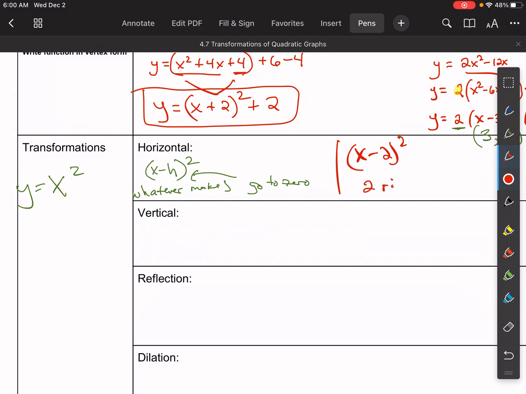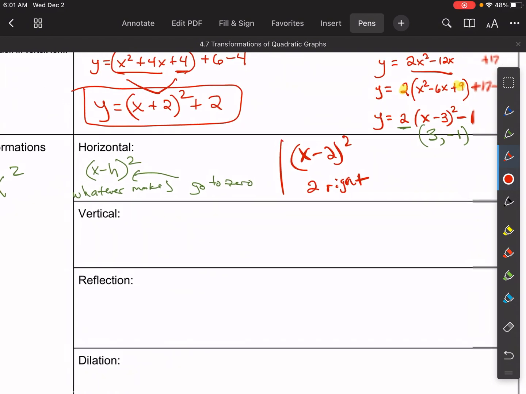And if you want to see it, hop on Desmos and graph it. Just go y is equal to x minus 2 in parentheses squared, and you'll see that the whole parent function moved 2 to the right.